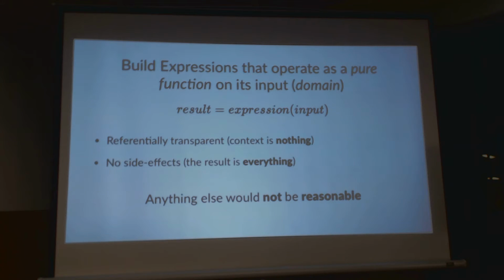We'll get into that in a second. That's what I mean by reasonable: as you're building your expressions, no matter how you use them, there's not going to be any side effect behavior. It's always just the result that you get, and that's the end of the story.